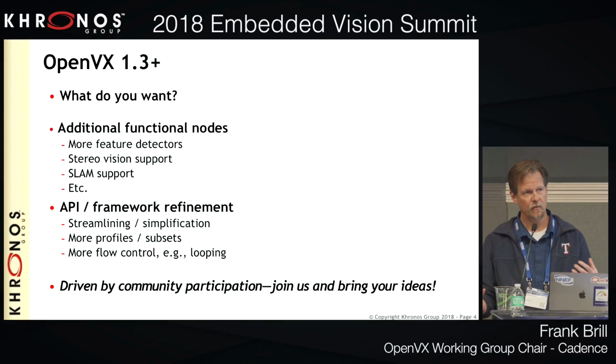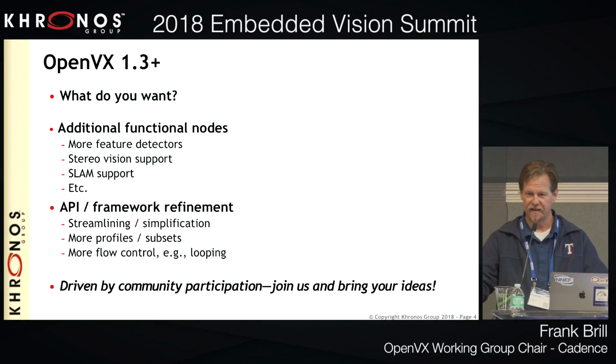Again, we want to make sure that we're not fragmenting the ecosystem too much. So you're always trying to strike a balance, but getting feedback from interested developers like you guys would help us drive whether it would be a feature set or an extension or in the main spec, because damn it, I've got to have this feature detector.